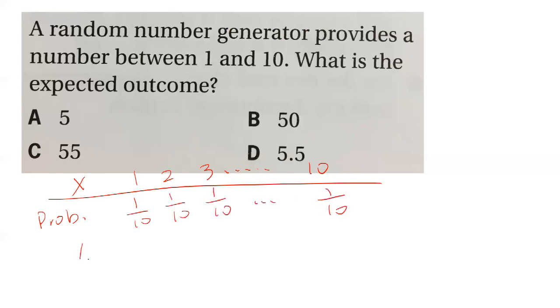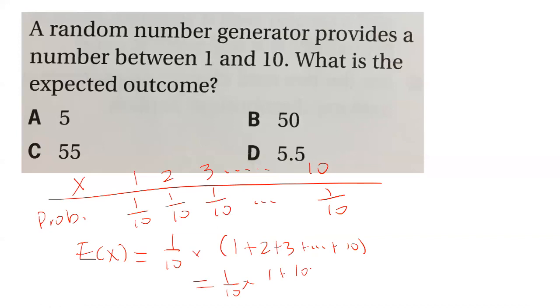So the expectation of X is 1 over 10 multiplied by the sum of all possible values, okay, which is 5.5, right? So the correct answer is D.